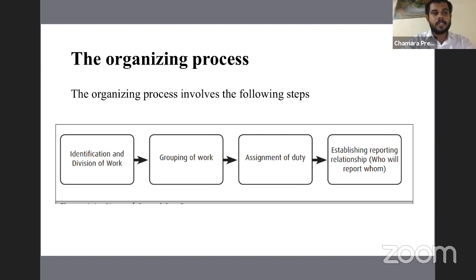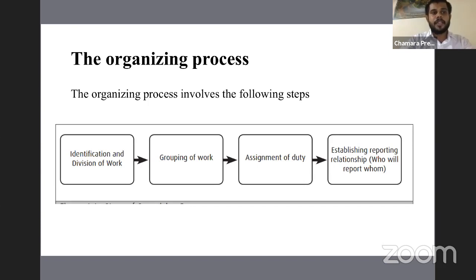Authority is the legitimate power you get from the job, right? So you have some kind of ability to control your employees so that you can get what you want from your employees. Once you do that, it creates an authority and responsibility relationship.